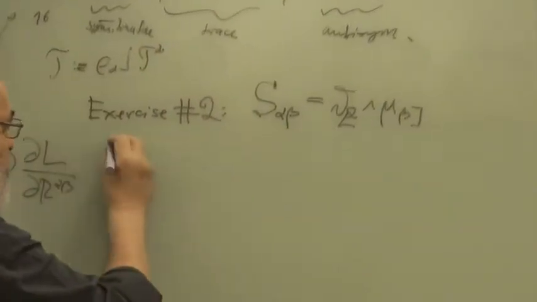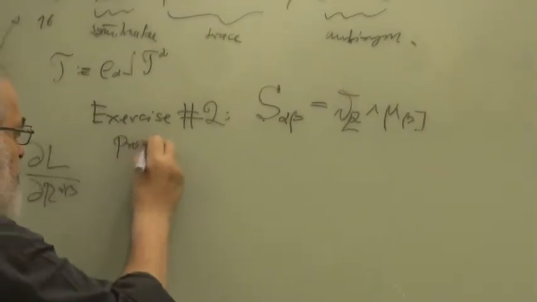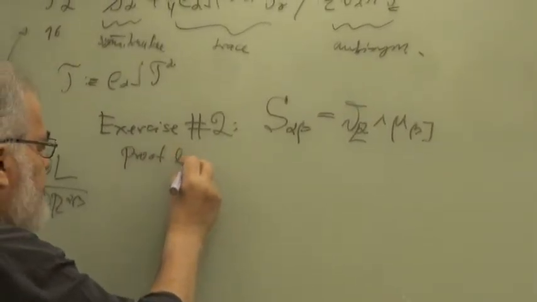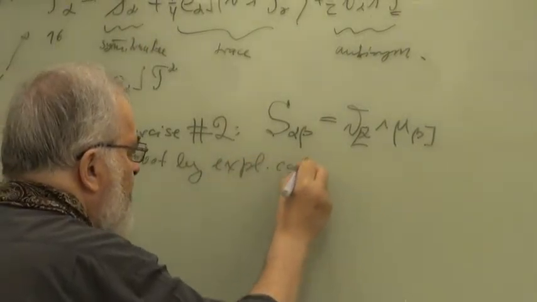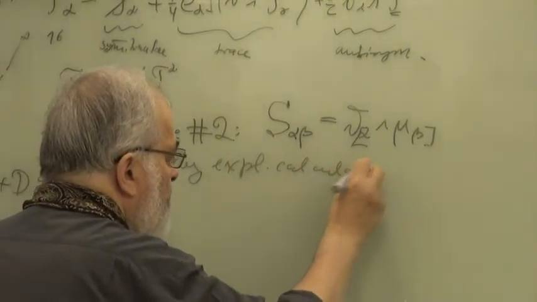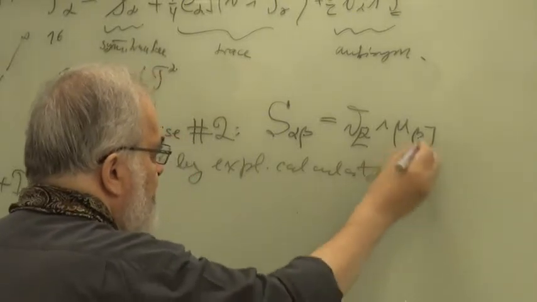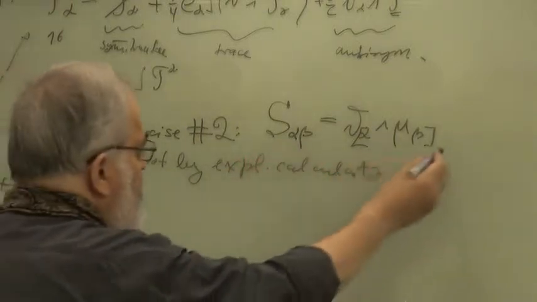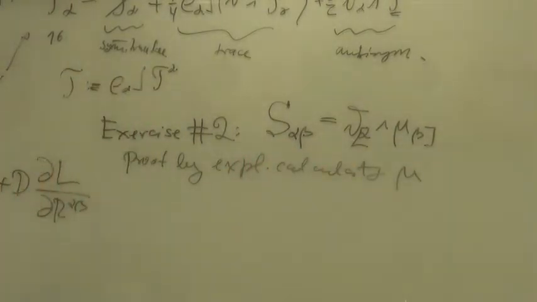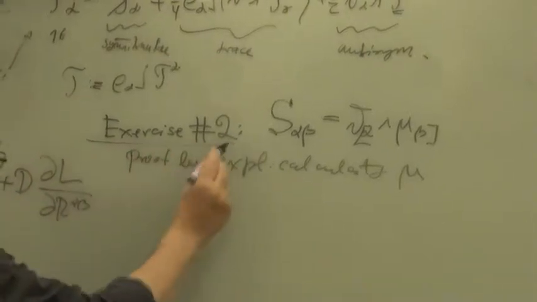Prove this formula by explicitly calculating mu. So you just have to resolve this formula with respect to mu, and you find then the proof of this formula. This is used in application quite heavily. So that's exercise 1, and that's exercise 2.